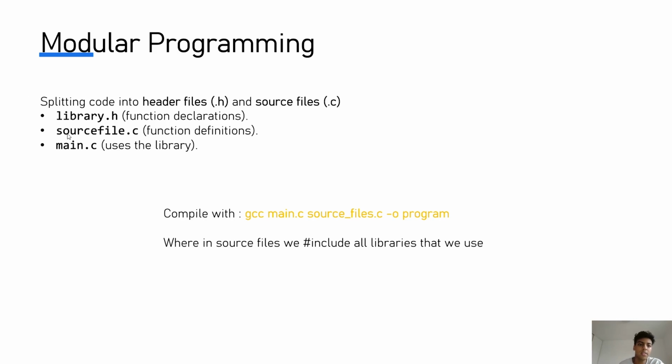And how to compile this? For example, we created a library file, and in the main file we have to call this file to use, for example, a variable that's already specified in that library. We can write gcc main.c source_file1.c, you can put source file number one, source file number two, etc., and -o to specify the name of the program. To run it, we type program.exe in Windows, and then pass the arguments.